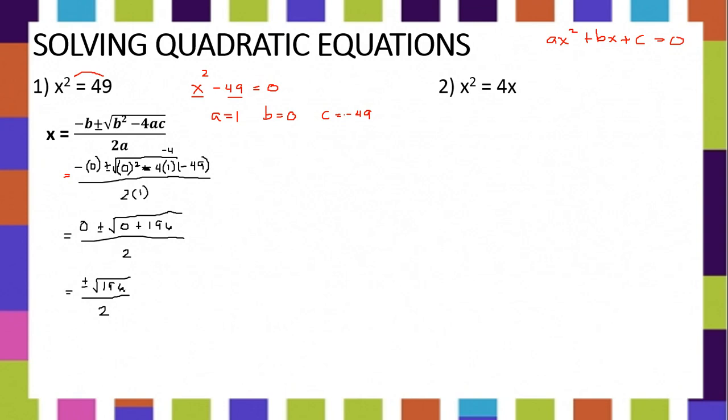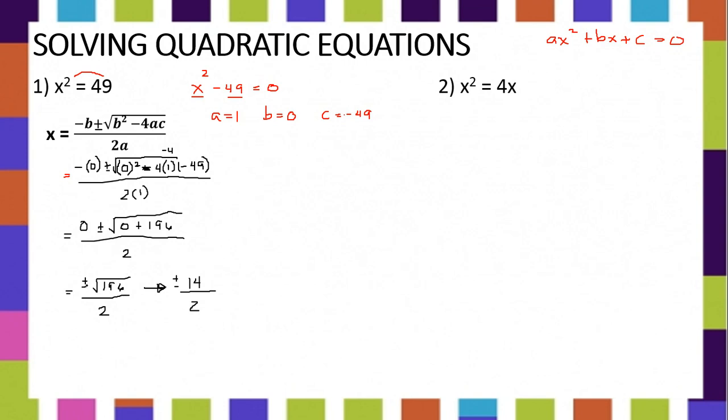Square root of 196 is 14. Ayan. So, nakuha na natin yung square root of 196 is 14 over 2. Positive, negative yan ha. Ito yung nakuha natin.